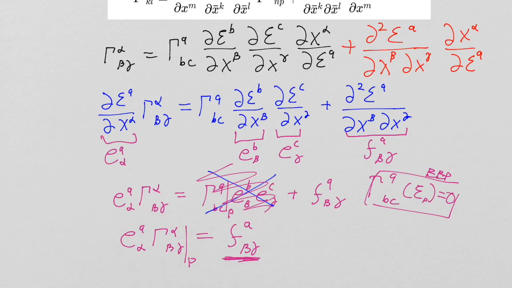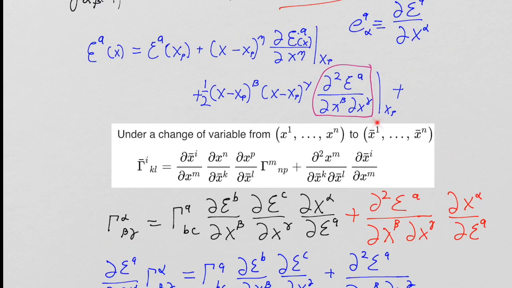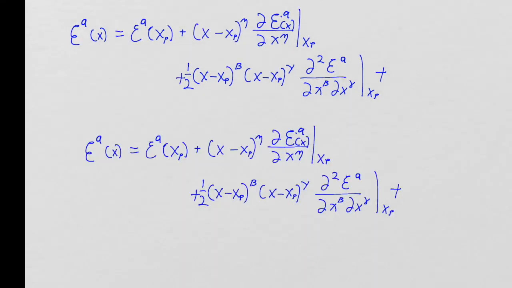This was the unknown, and now I can substitute it back into this expression. Let's clean up this expression using what we now know about this and about this. Okay, so I've written it twice. We're going to take this one first, and in the second version of it, I'm going to erase it and put in E, A, eta.